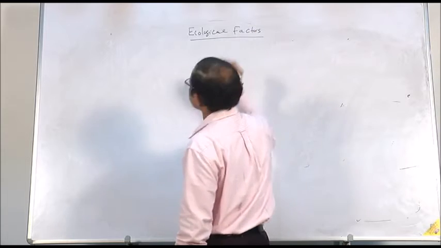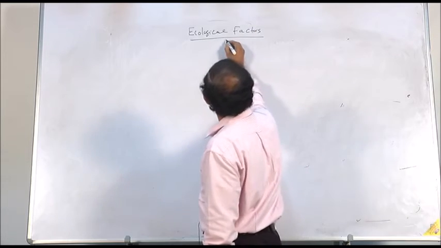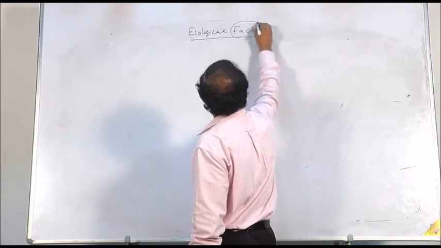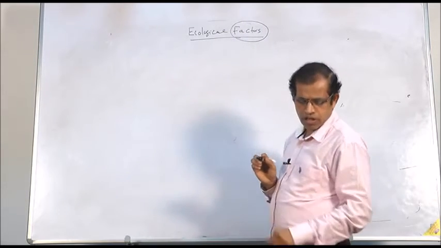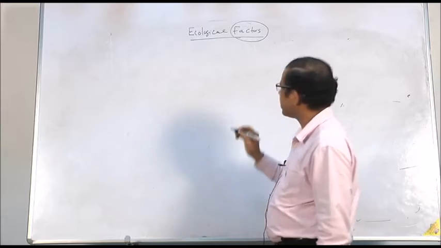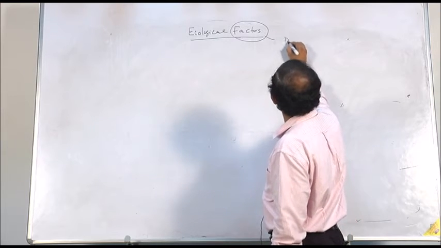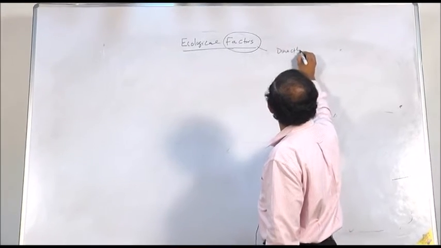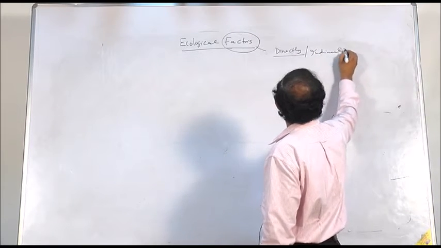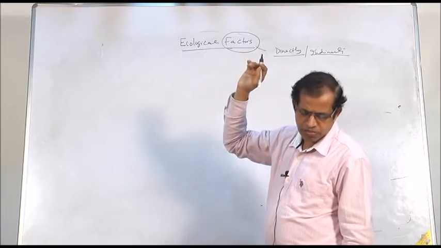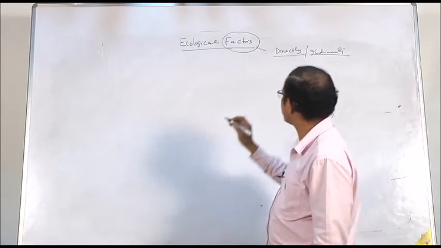Ecological factors. If you study ecological factors, first comes what a factor is. A factor is a constraint of the environment which affects, directly or indirectly, the functioning of the organisms.